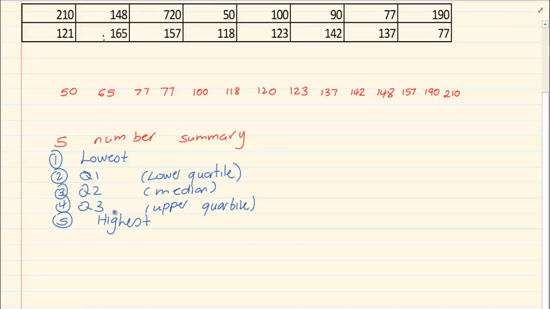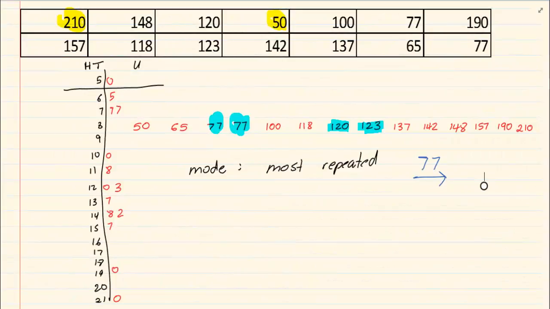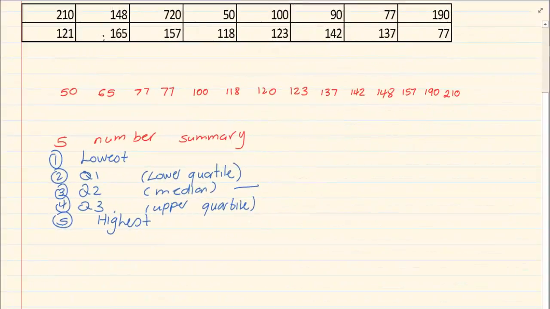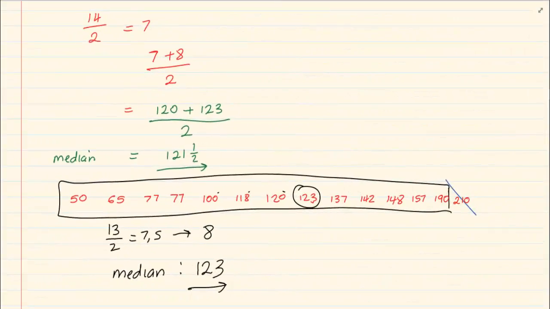Because it is in this order, you need to make sure that your data is in order. We've already taken the data and put it in order. If you look at this level, we had put the data in order. The first thing we need from our information is the median.